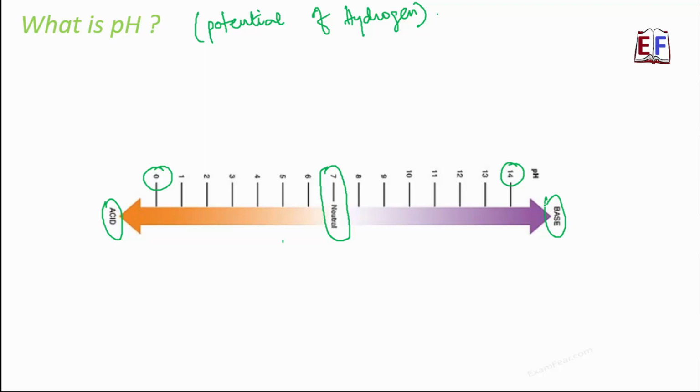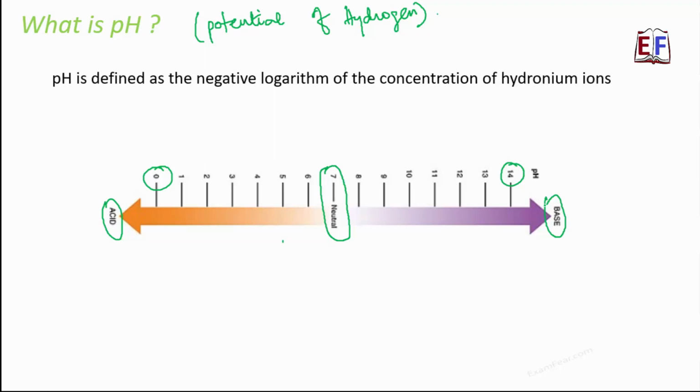Because the acidity or alkalinity is all based on the concentration of the hydrogen ions. So pH is calculated as the negative logarithm of the concentration of hydronium ions. So if we know the concentration of the ions, then we calculate the negative logarithm of that, and that's how we get these values from 0 to 14.